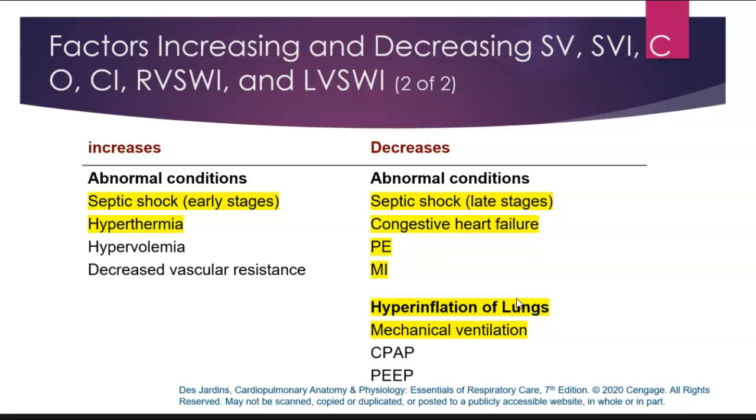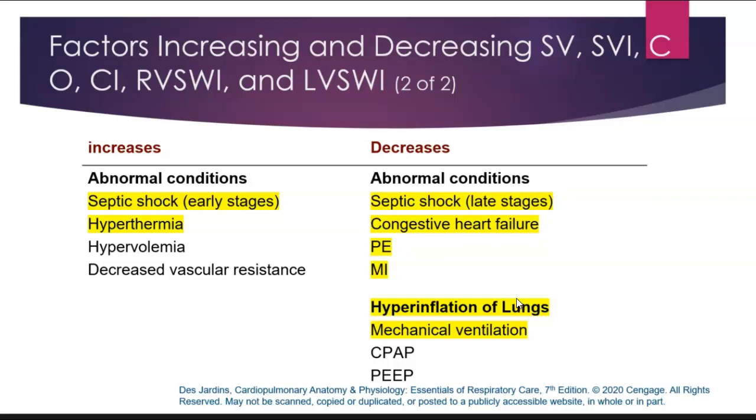They are going to have increased cardiac output because the heart and lungs are working really hard to increase perfusion to our body to help fend off the infection. Hyperthermia, again, in order to maintain it, we need good perfusion. So that's going to increase our cardiac output and stroke volume.